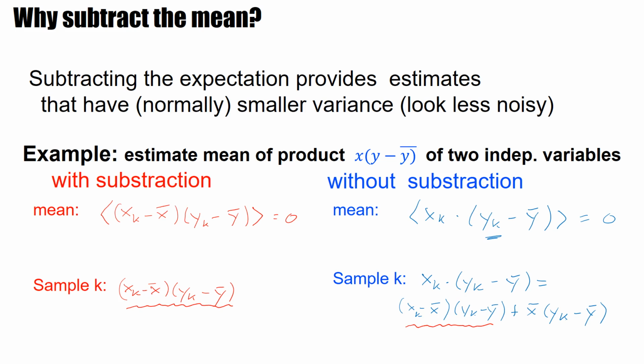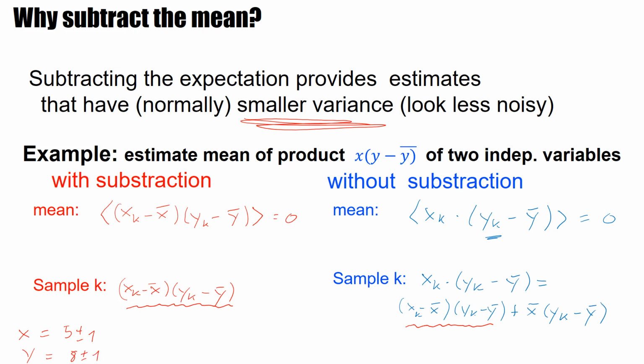Now let's make an example so that we get a feeling of the variance. Suppose that the x's have a mean of 5 plus minus 1. Suppose that the y's have a mean of 8 plus minus 1.